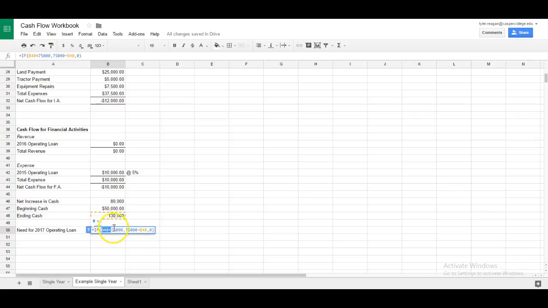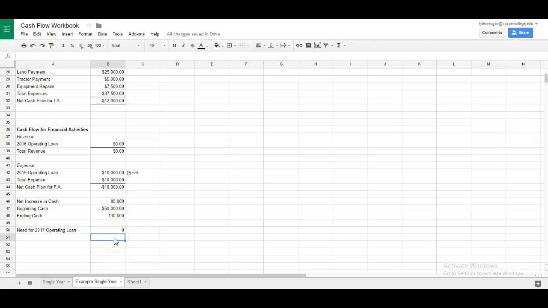So this statement right here is now false. If it's false, then it resorts back here to where it says 0. Remember, if this statement is true, then it's going to perform this action. But if it's false, it's going to perform this action. So, since that statement right there is false, since this value indeed is greater than $75,000, it's actually going to return a 0.